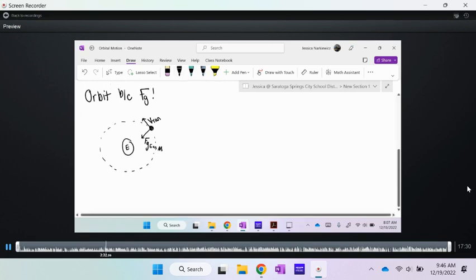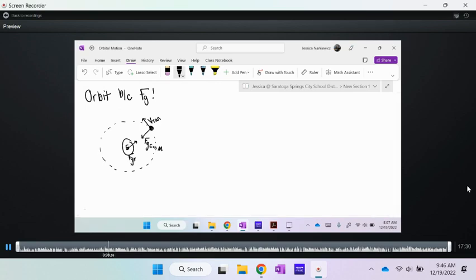Okay. So we have a force of gravity from the Earth on the moon. And remember, there is also a force of gravity from the moon on the Earth, right?